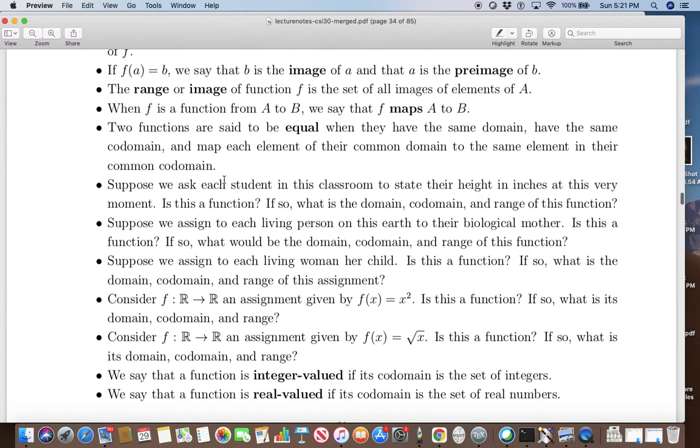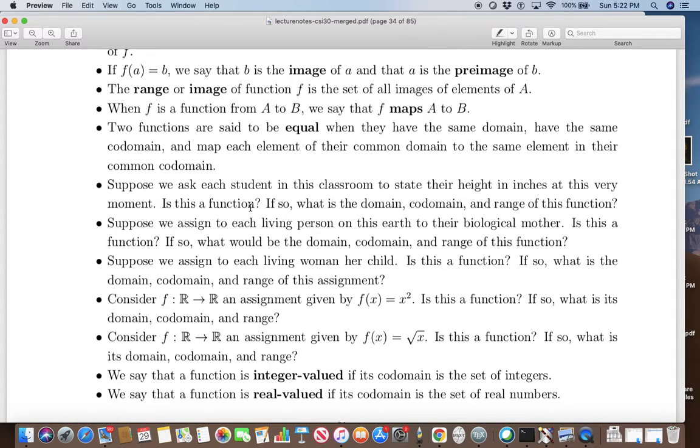Suppose we ask each student in this classroom to state their height in inches at this very moment. Is this a function? Yes, this is a function because every student has a height.